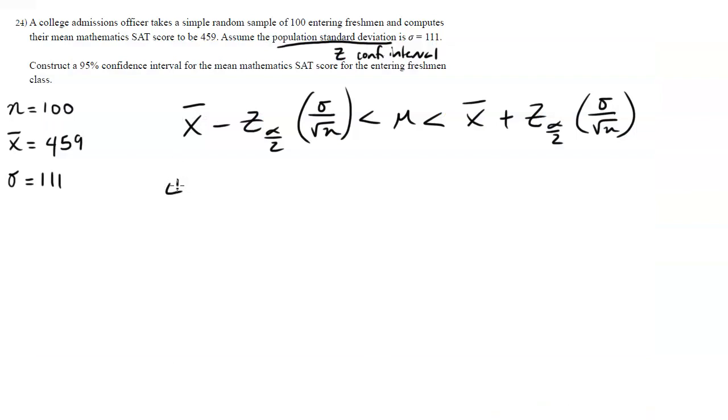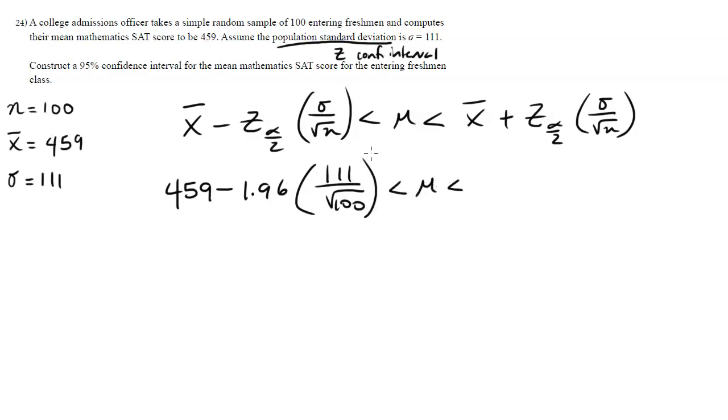So X bar is 459 minus 1.96 we just found. Sigma 111 over the square root of n, which is the square root of 100, which is just 10. That's the lower bound of what our population mean should be. 459 plus 1.96 times 111 over the square root of 100, over 10.